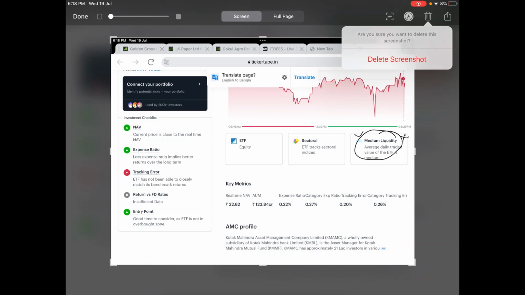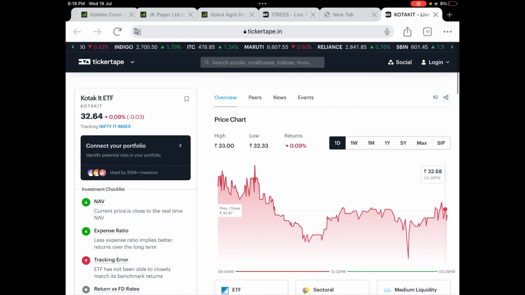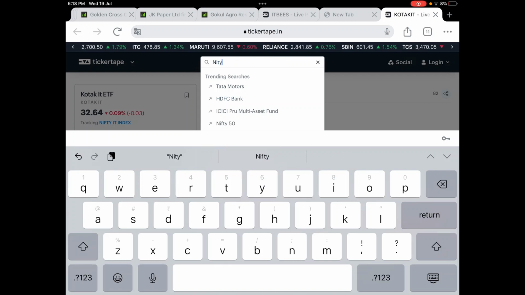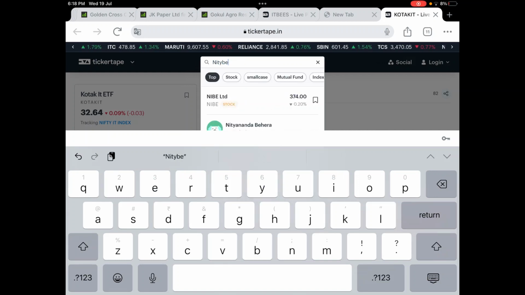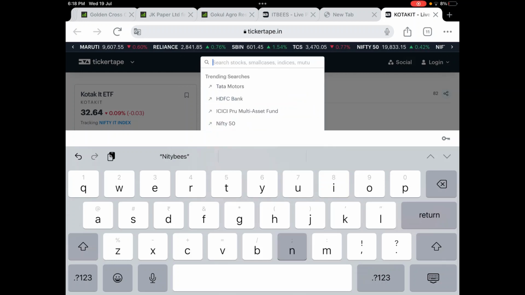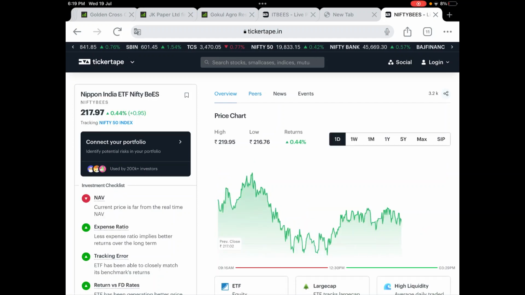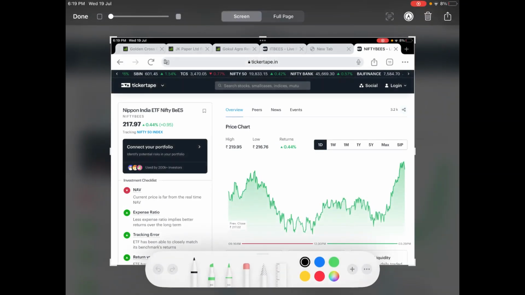So now I'll show you some other quick examples of ETFs. Suppose let's take an example which tracks Nifty 50. I'll just type that. Yeah. So here it is. See, this tracks Nifty 50, it is mentioned here.